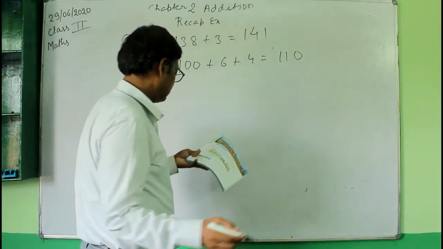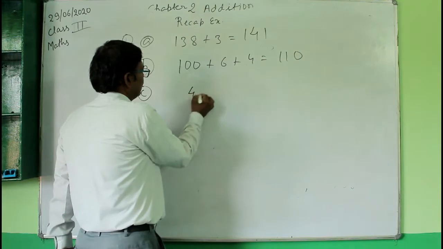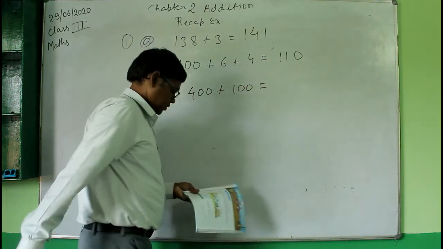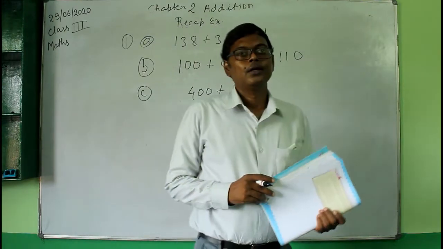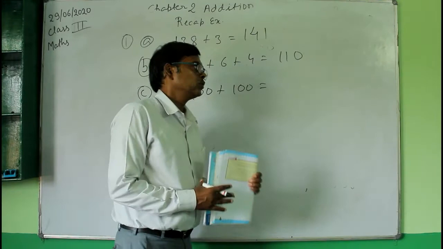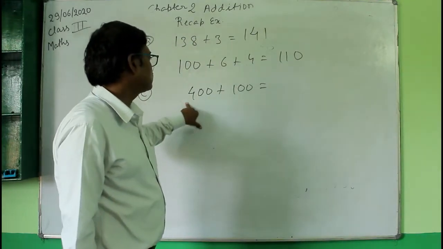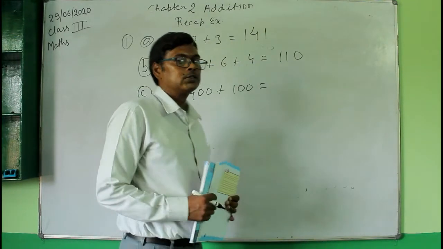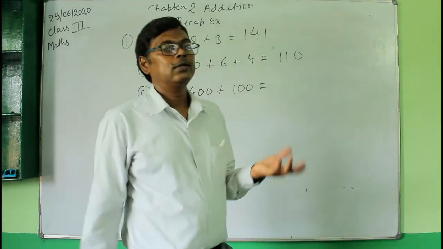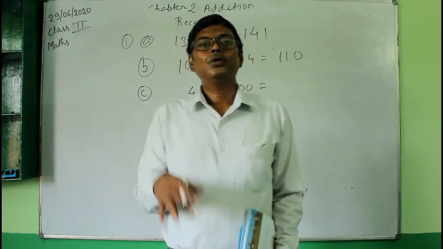Number C is 400 plus 100. अब इसको mentally करना है. Suppose you have 400 rupees, and your brother gives you 100 rupees more.